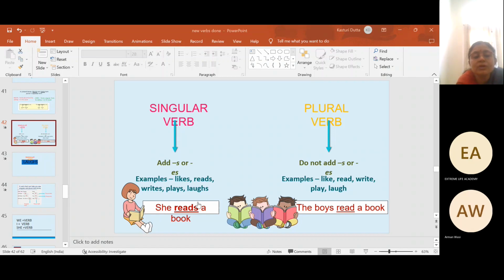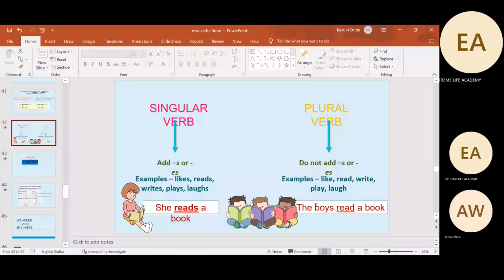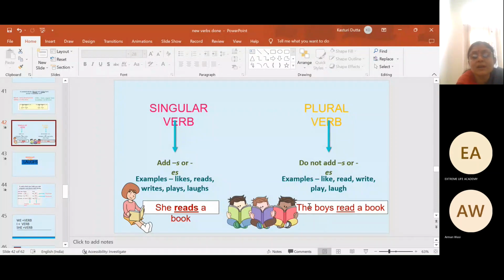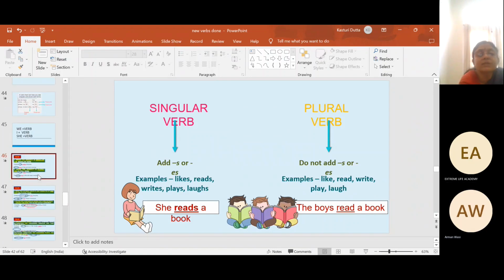In this particular slide, the boys read a book. Boys is the subject, and boys is plural. The plural answer subject which you gave me in this particular slide, this one.